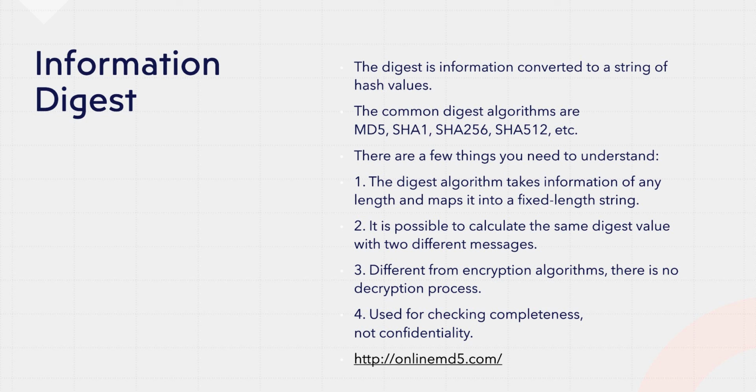So hash is used for checking completeness, because two of the same messages will always have the same hash value. So by looking at the hash value, we can know if two messages are the same, but they're not used for confidentiality. So we can't encrypt messages using hash. We can only see if two messages are the same.